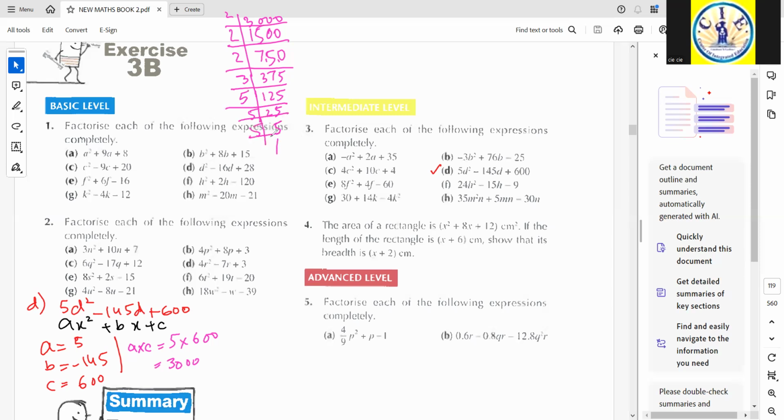Okay. Now, these are the factors, or the prime factorization, of 3000. Out of these, we need to have 145. Let's figure it out by hit and trial.